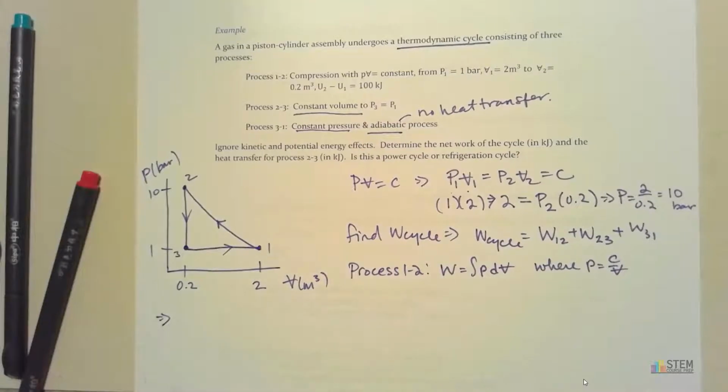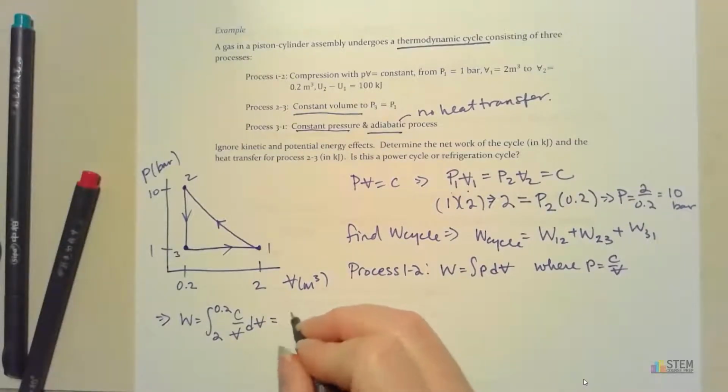Let's come over here. So work is going to equal the integral. Our initial volume is 2. We're going to 0.2. Pressure is C over V, and then multiply that by dV. Now remember, C is a constant, so that comes out to the front.